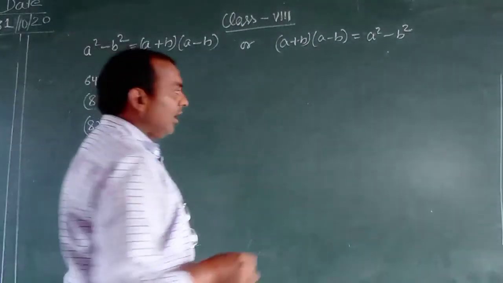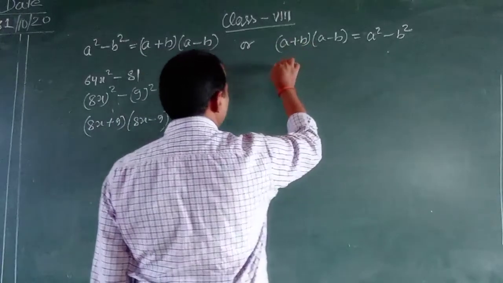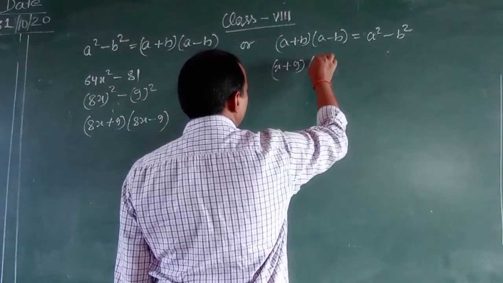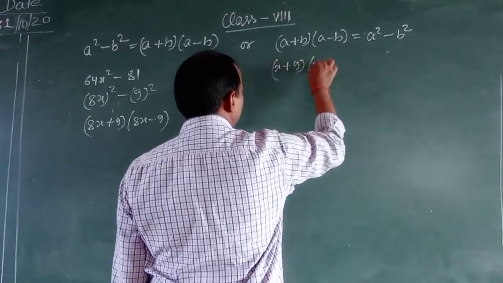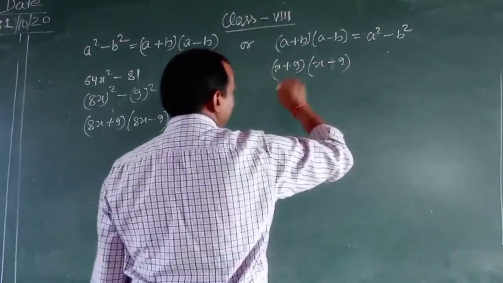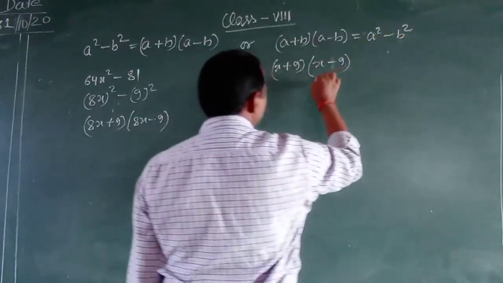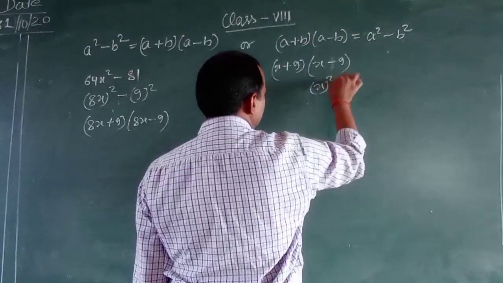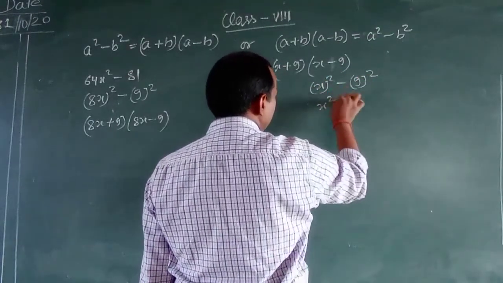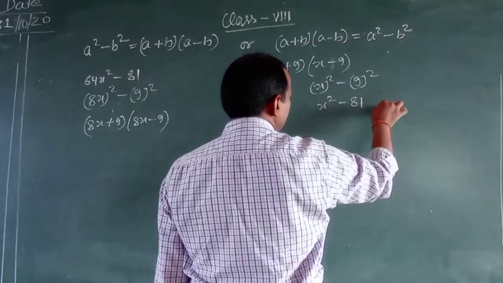And then if the question is x plus 9 into x minus 9, it can be written a square minus b square. It means x square minus 9 square. X square minus 81 is the answer.